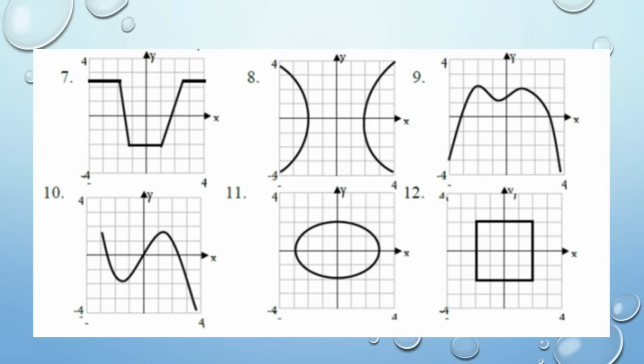Graph number 8. It is not a function because your vertical line will cut 2 points. Graph number 9. It represents a function because your vertical line always cuts 1 point. Graph number 10. It represents a function.